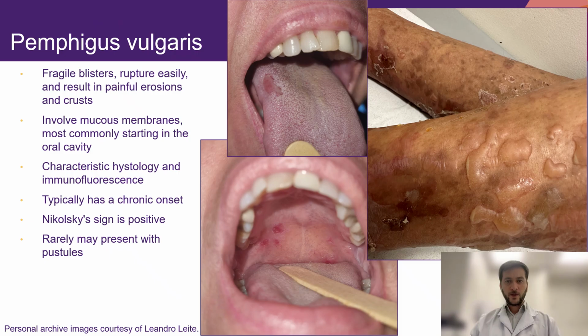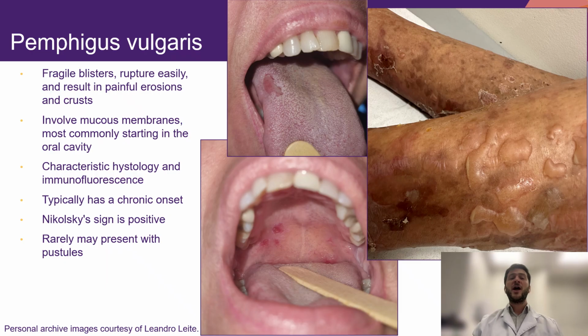Sometimes pemphigus vulgaris is an autoimmune blistering disease that has a suprabasal level of cleavage, and so you have only epidermis and the roof of the blister that can easily rupture and lead to the formation of painful erosions.